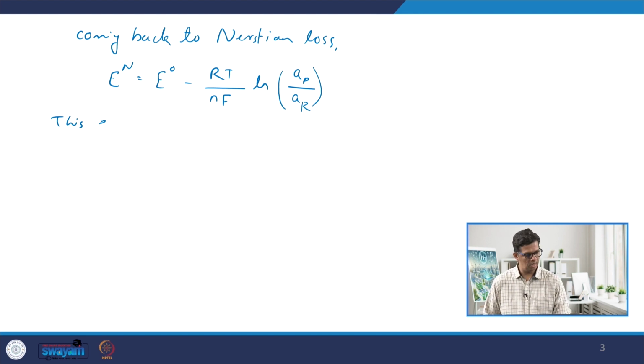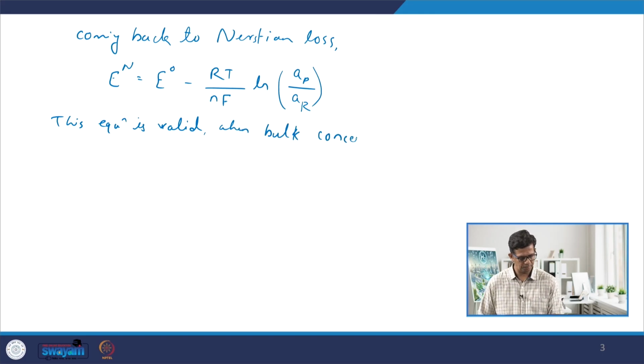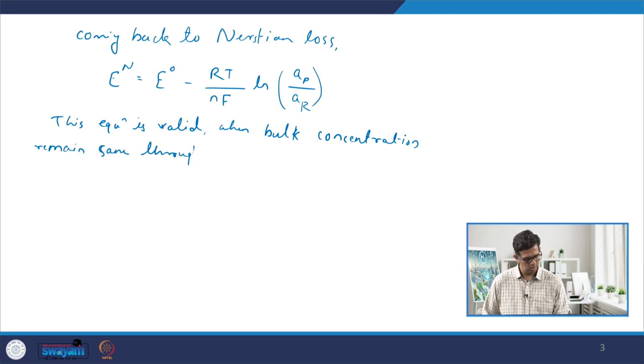So this equation is valid when the bulk concentration remains the same throughout the cell, right? So that is, from the channels to the catalyst layer.